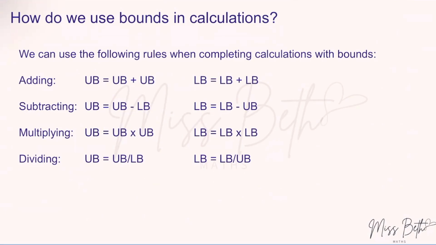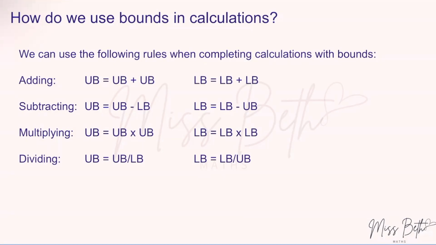If you're doing a calculation with bounds with subtracting, to find the upper bound, you need the biggest amount and you're subtracting the smallest amount. So upper bound, subtract the lower bound. Equally for the lower bound, you're going to start with the lower, but subtract the upper.